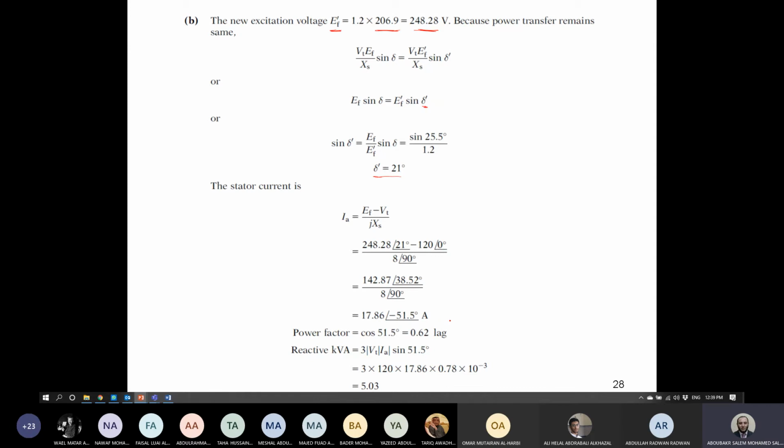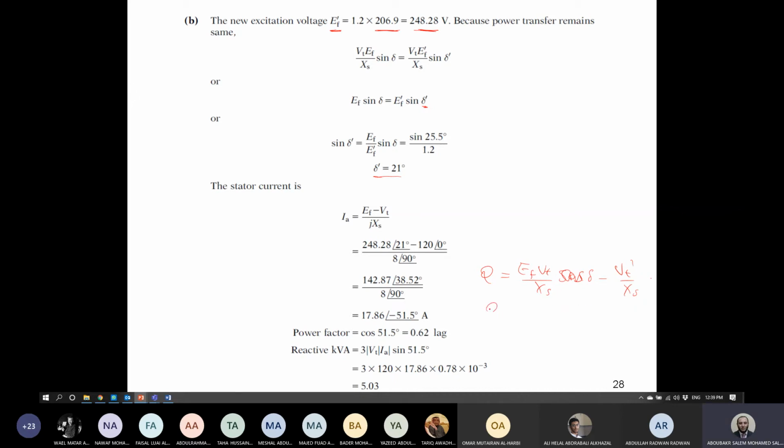If you would like to calculate the reactive power now, you can calculate it in two different ways. Either Q equals EF, the internal voltage, over XS, cosine delta, minus V terminal squared over XS. This is the first way.